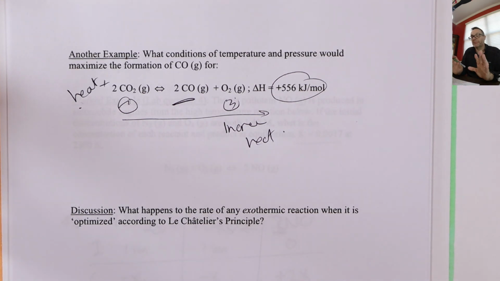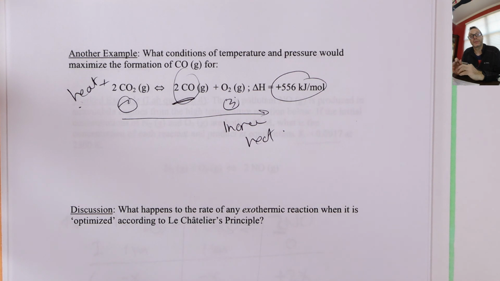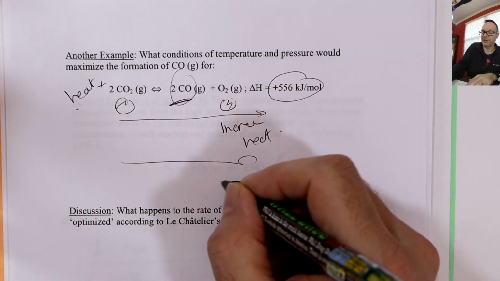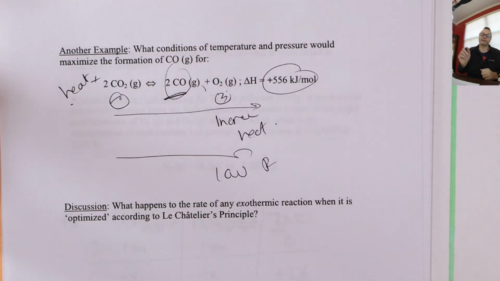So if I want to make more products, that's more gas molecules, which exert more pressure, right? So I do the reverse. If I lower the pressure, it's going to make more gas to increase the pressure. So lower P. If this reaction was mine, I'd heat the thing up in a big container, so it's a low pressure and a high temperature. Boom, I'd make more product.